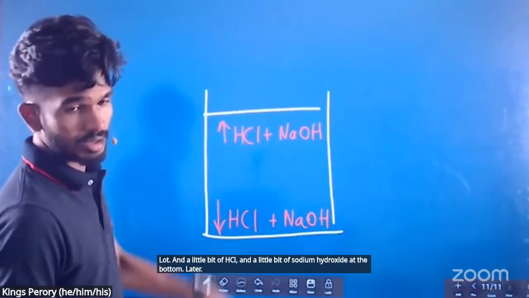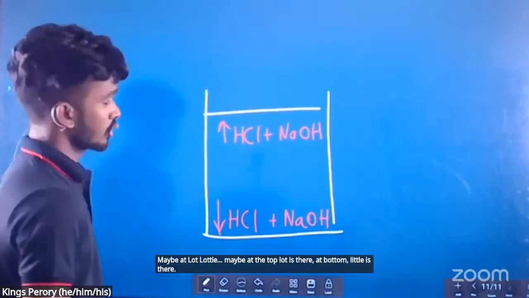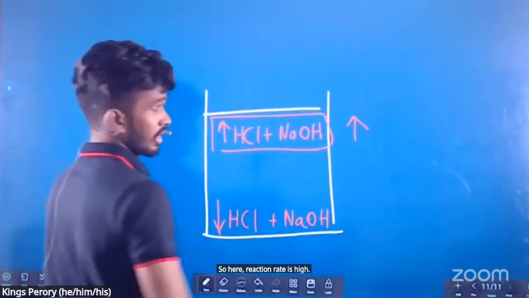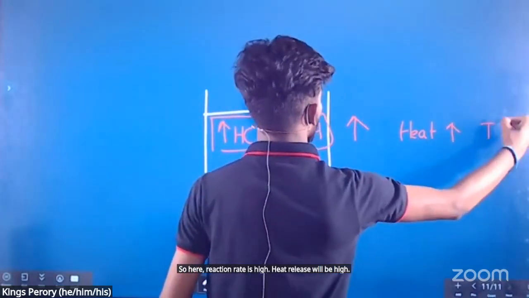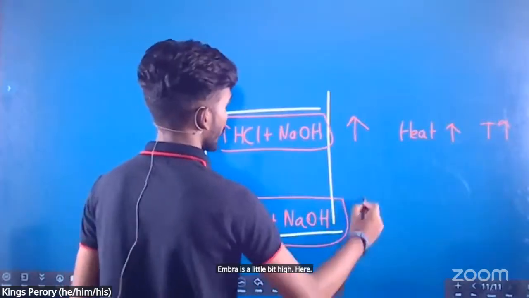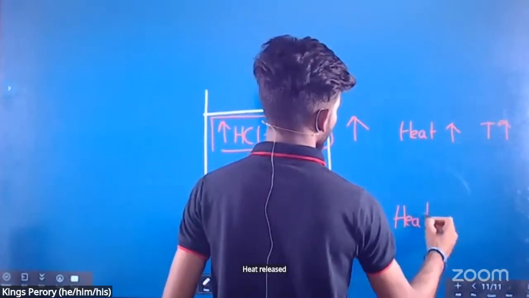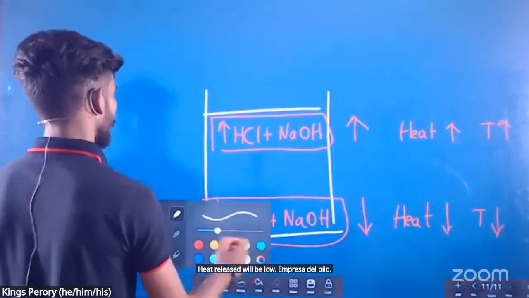So here reaction rate is high. Heat release will be high. Temperature will be high. Here reaction rate will be low. Heat released will be low. Temperature will be low. Now I am putting the thermometer inside.